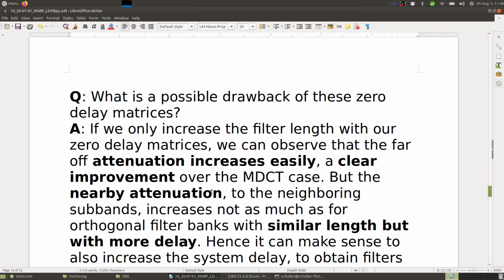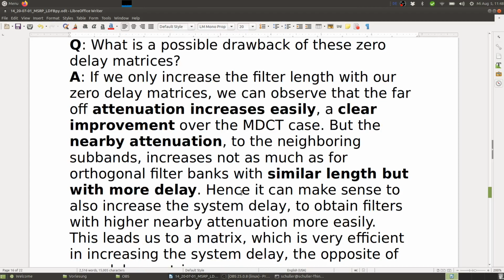But the nearby attenuation to the neighboring subbands, close to the passband, does not increase as much as for orthogonal filter banks with similar length but with more delay. So here we have a drawback: the transition band and the nearby attenuation is not improved as much as when using more delay.